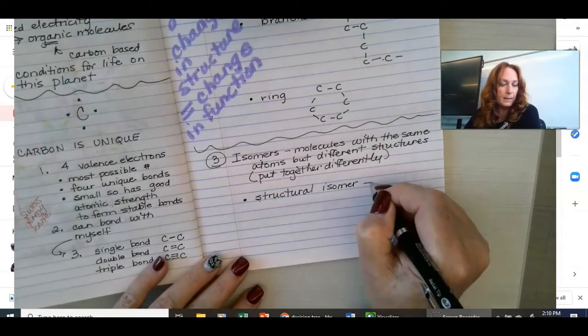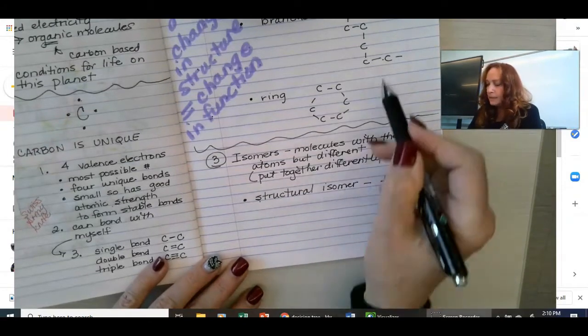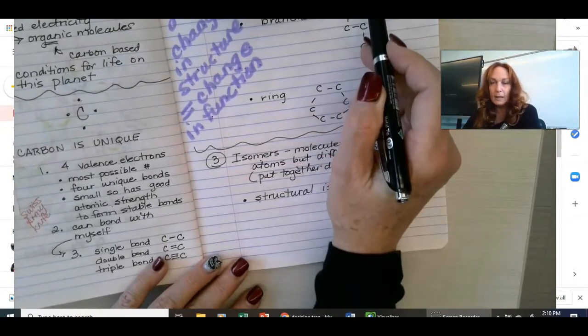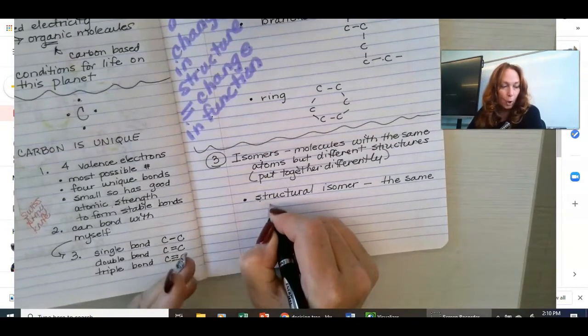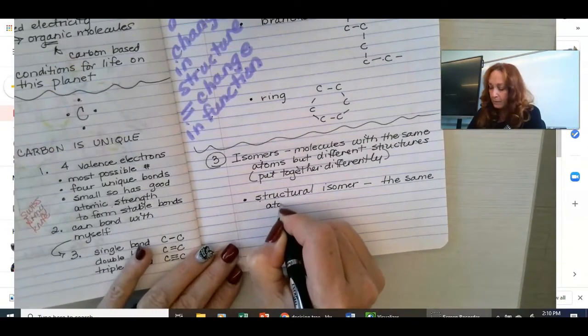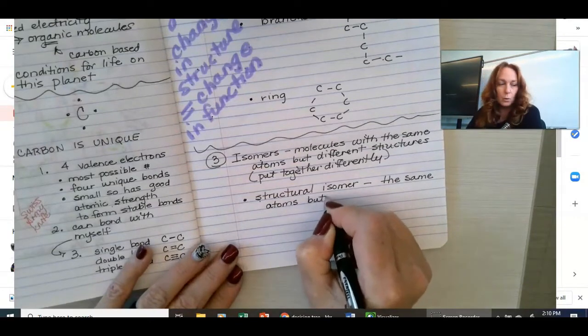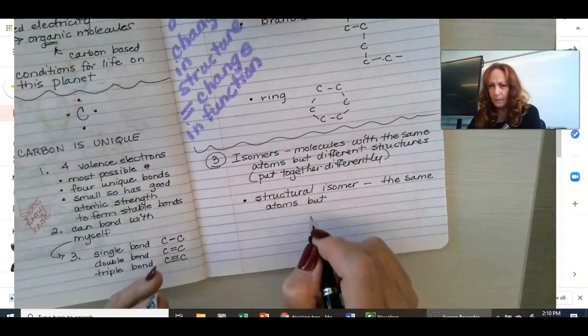This is going to be exploiting what carbon can do with, hey, I can be straight, I can be branched, I can be a ring. So it's the same parts, the same atoms, but they're going to have a different backbone with carbon.